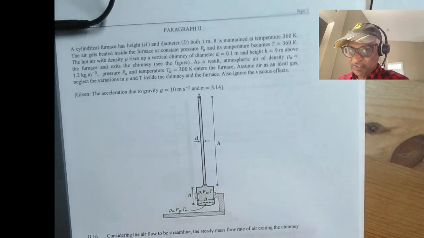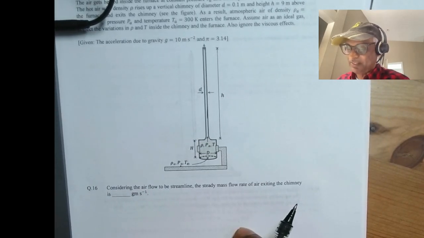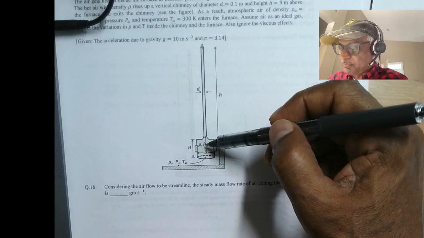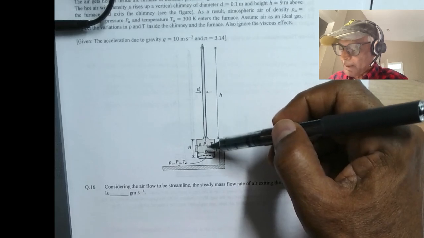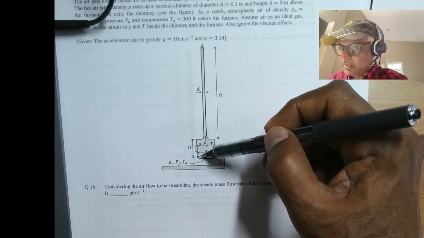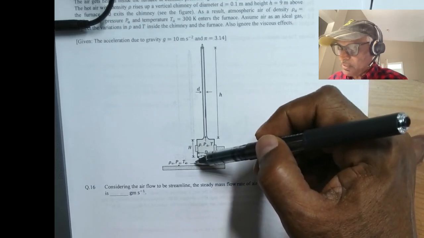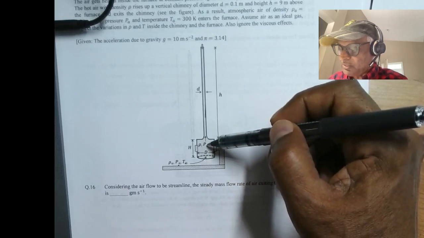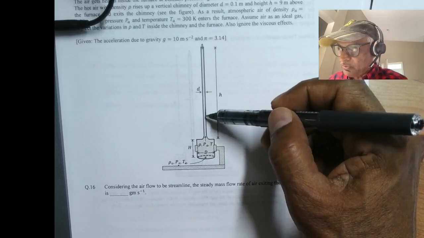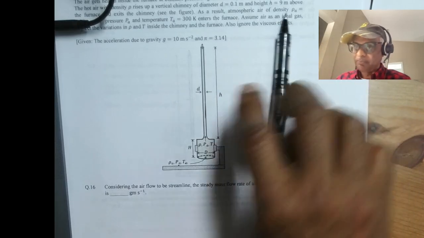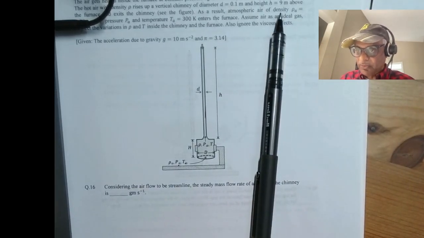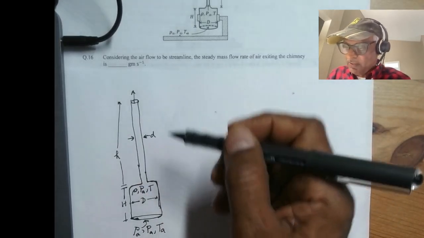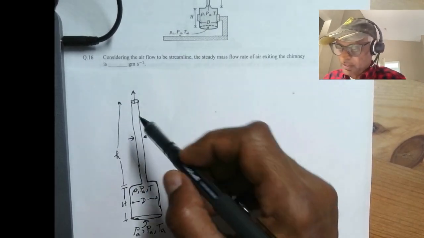So what's the question based on this setup? We're supposed to assume that there's a flow here. So over here air is coming in, changing to some state, and then flowing through it. So I've redrawn it here, so I don't have to write on the question paper.